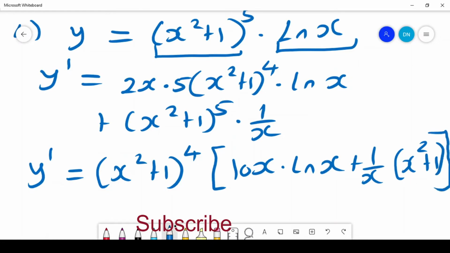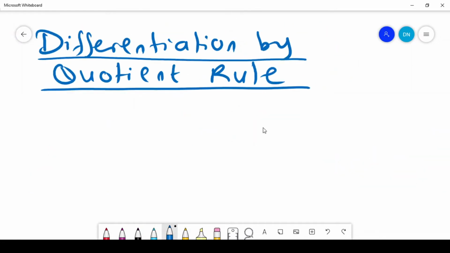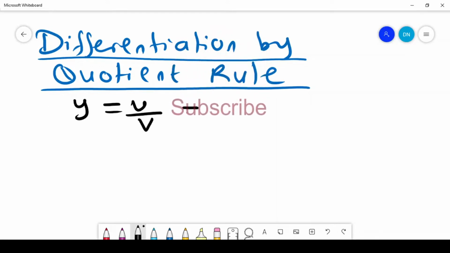Yeah, and you can simplify differentiation by quotient rule. And the general formula that we normally use is given by y equals u over v. So we assume you've been given an equation of that form.